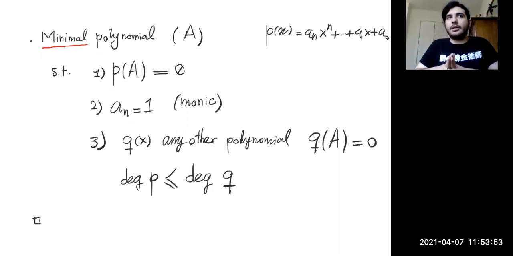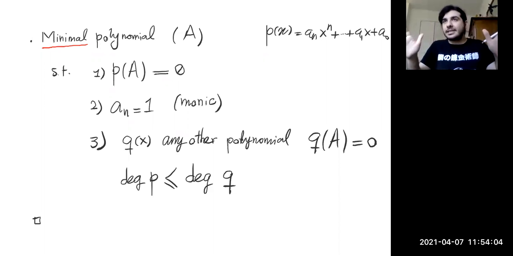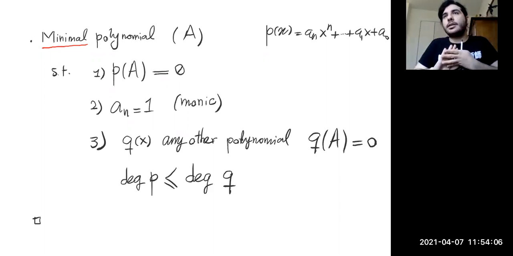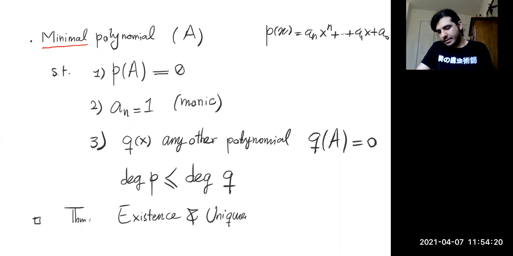This is called the minimal polynomial. And then the theorem is that for any matrix, this minimal polynomial does exist. We have this minimal polynomial and it is unique. So the theorem is that for any matrix, we have existence and uniqueness.